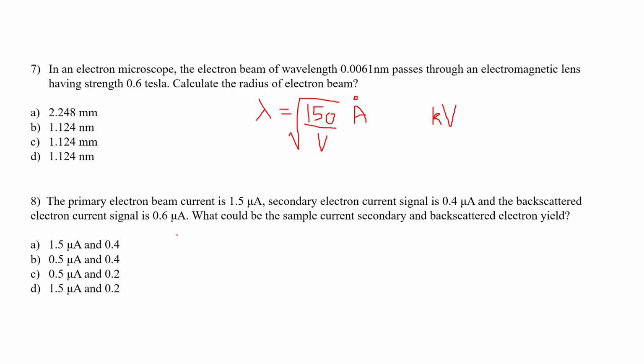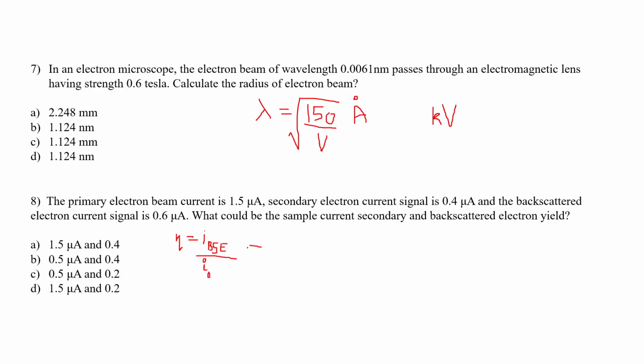The backscattered electron coefficient is given by eta, which is the current of BSE divided by the beam current, I naught.